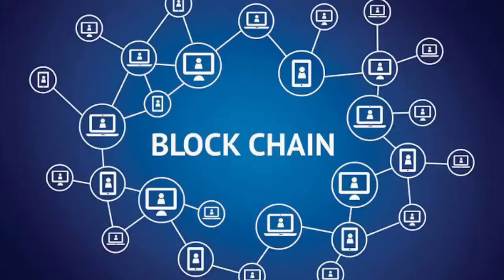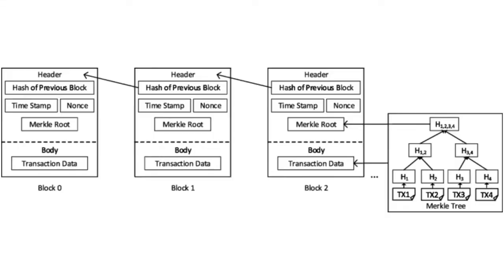So if we are talking about cryptocurrencies, then we have to talk more about blockchain technology and the decentralized system. So guys, what is blockchain technology? In the blocks, first we get a hash code, then the transaction code, and then the hash code of the previous transaction.